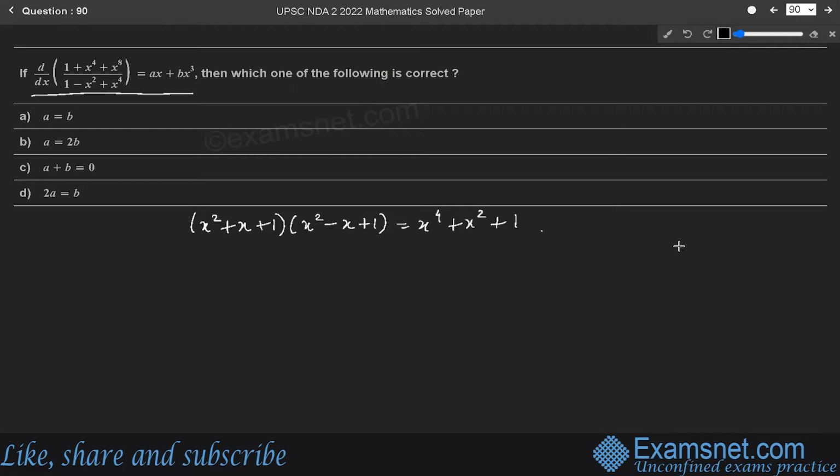Now the given term in the question is d by dx of 1 plus x to the power 4 plus x to the power 8 upon 1 minus x square plus x to the power 4 is equal to ax plus bx cube.